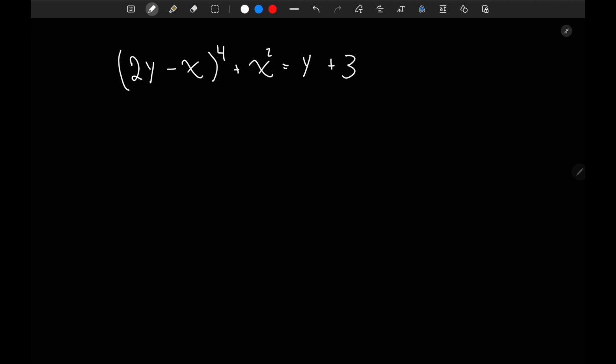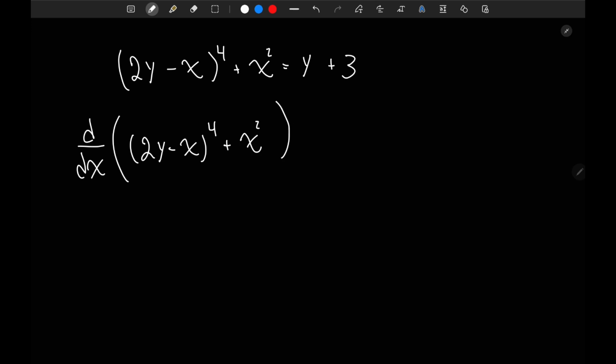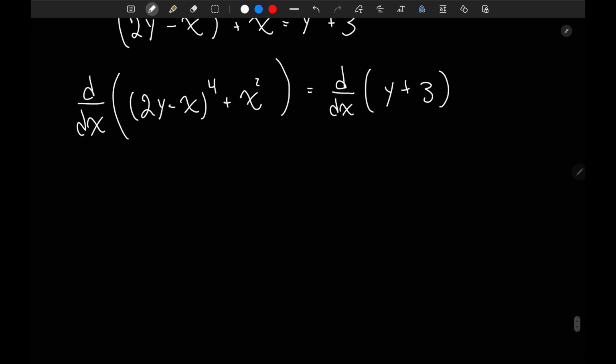Now we start off by taking the derivative of each side with respect to x, always. And now we just step through this whole process.